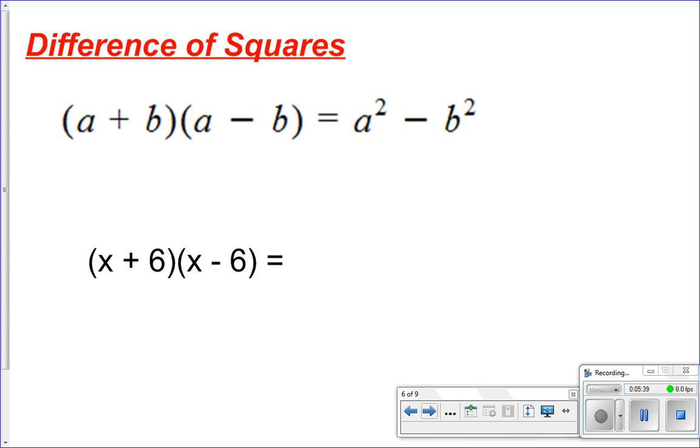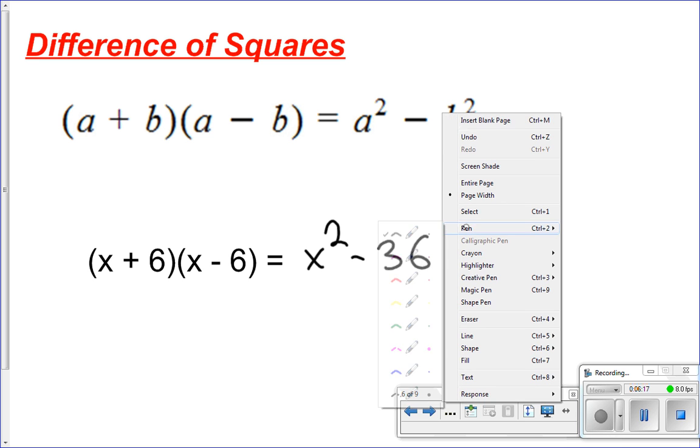The difference of squares. This one is actually very helpful in math. It's whenever you have two binomials, and notice it's (a + b) times (a - b). That's equal to the difference, so subtraction, that's what difference means, of squares, a squared and b squared. So it's a squared minus b squared, the difference of squares. Following this formula, you could work this out using FOIL if you want, but using the formula, you get x squared minus 6 squared, which is minus 36.